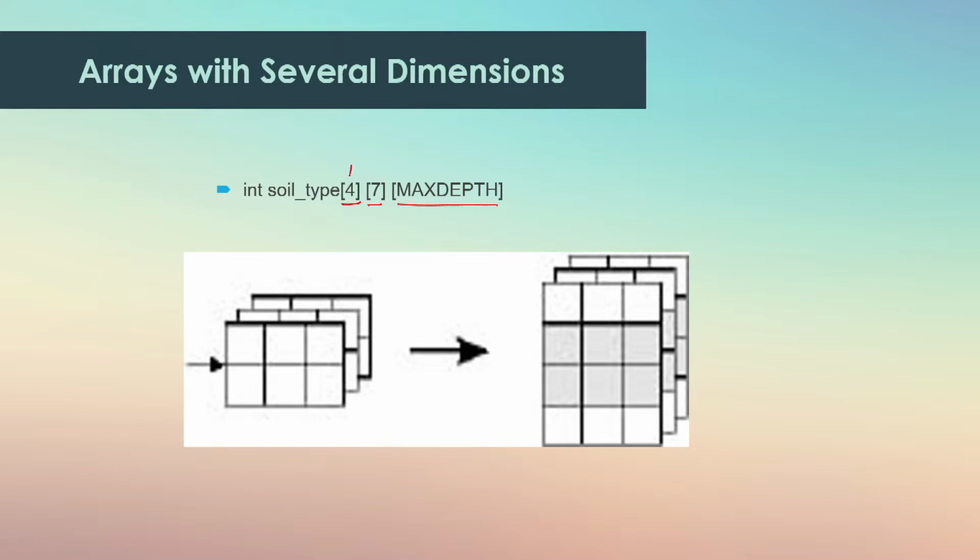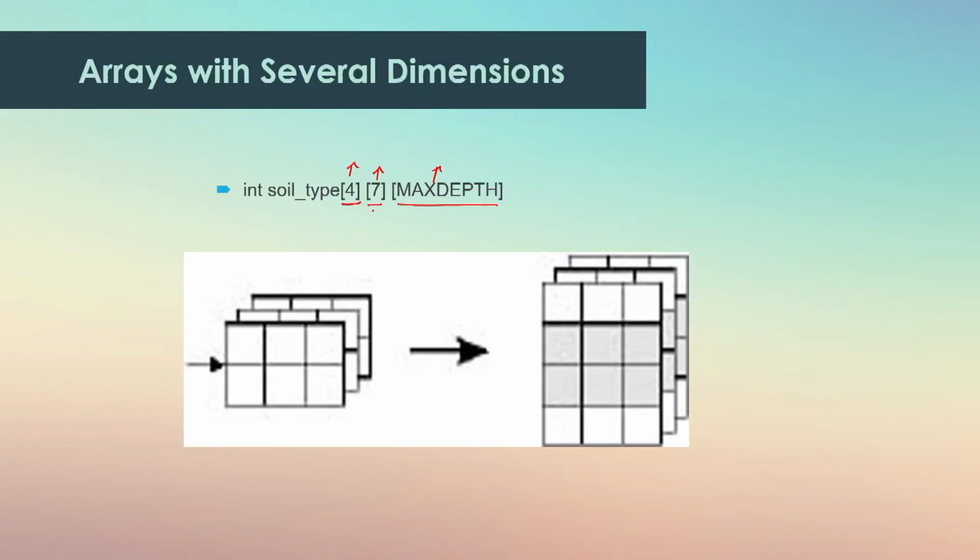This will be the order or the table or the layer number, and this will be the row number and column number of each table. According to this example, you can have 7 rows and a maximum depth number of elements as columns.